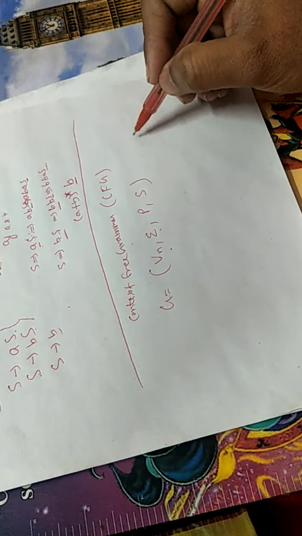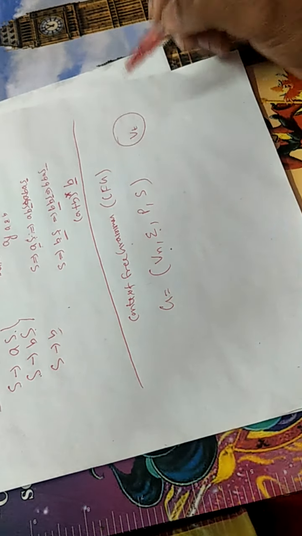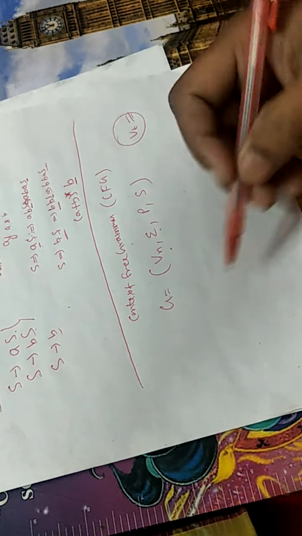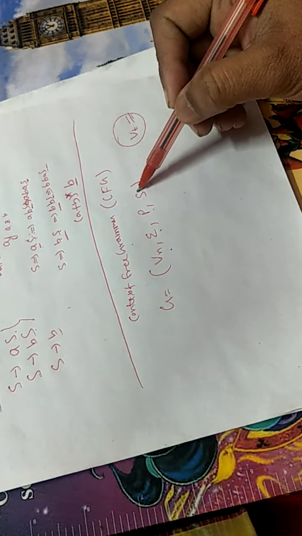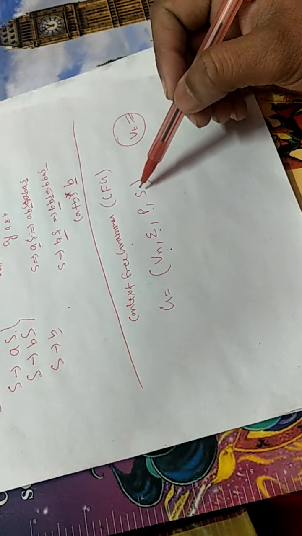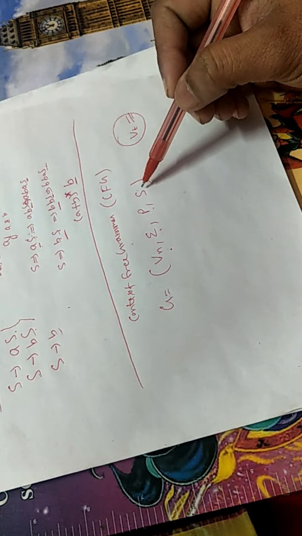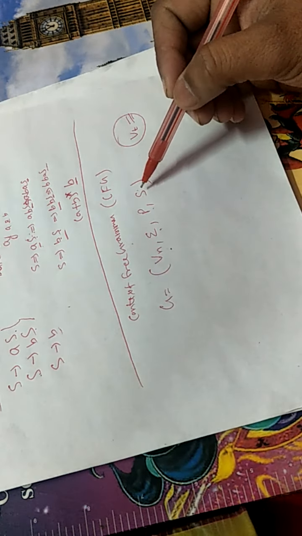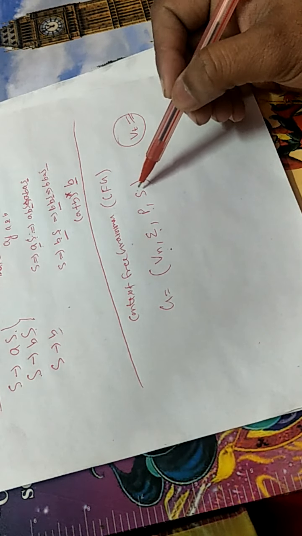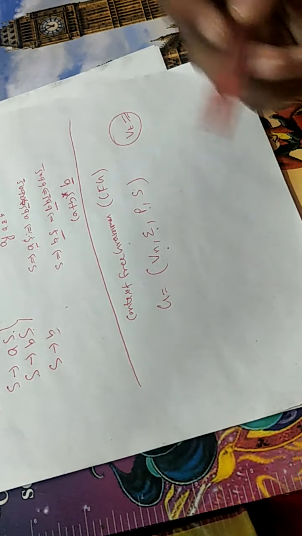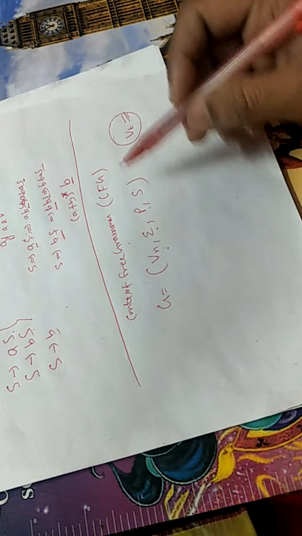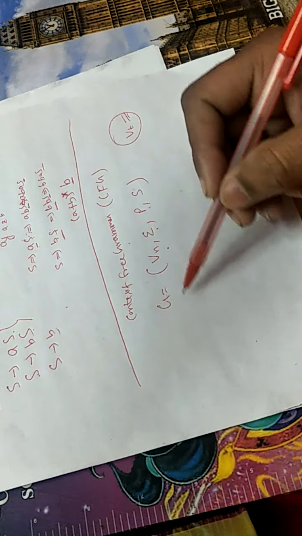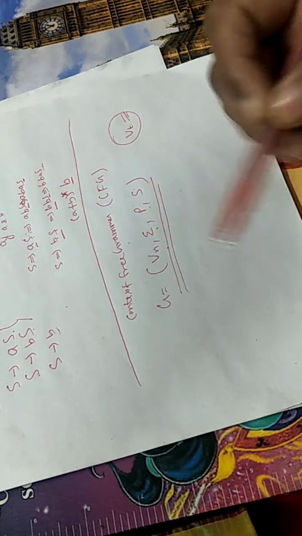Set of terminals is also written as sigma in some books, remember it. Set of non-terminals, set of terminals, set of productions, and a start symbol. There will always be a symbol as a start symbol, and normally it is mentioned as capital S. We know these tuples already.